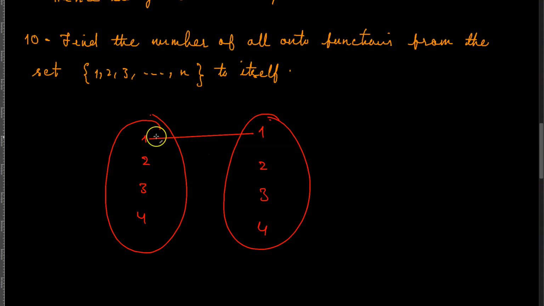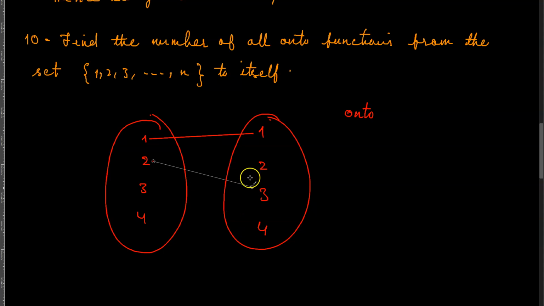So what that means is that this 1 has been mapped to 1, and since my function is supposed to be onto, when I want to map 2 to some element, I cannot map it to 1 anymore, because 1 has been taken, and so 1 is not free anymore. Meaning that I have 3 choices available.